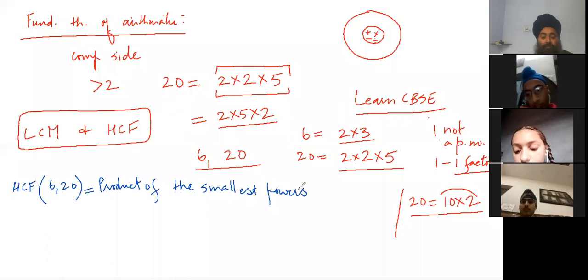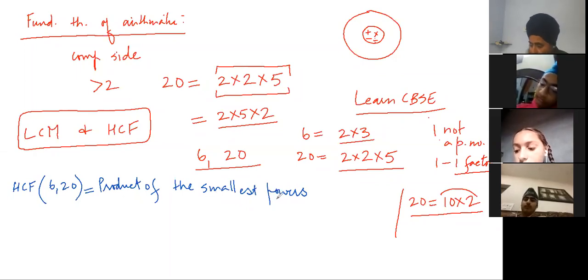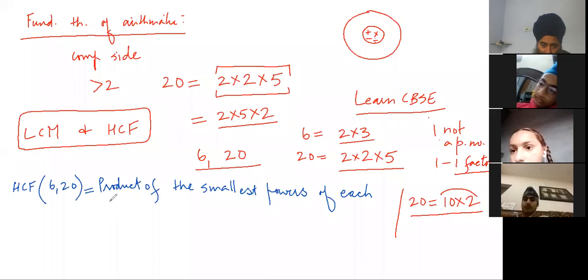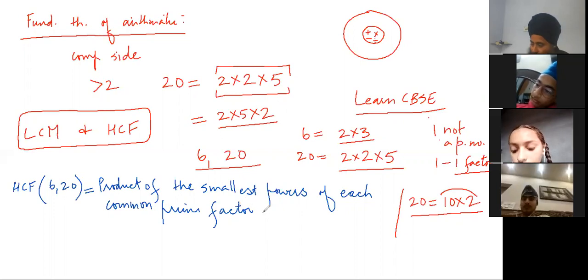I would request people who are listening, they must write it side by side. When you write, you understand better. Product of the smallest powers of each common prime factor in the numbers.